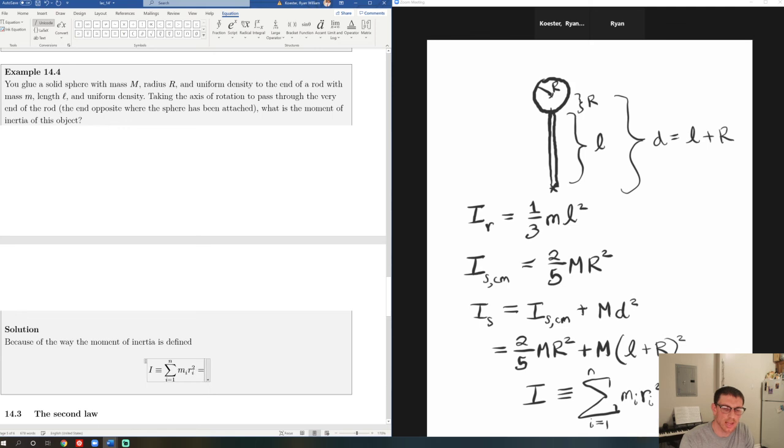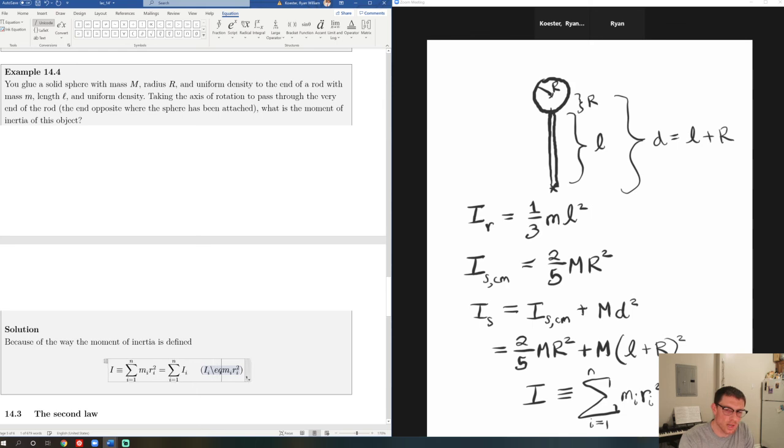Well, there's no reason we can't just call this term that we're summing, the mass times the distance squared, the ith moment of inertia. And what I'm saying here is that we could express this like this, right? Where I sub i is defined to be m sub i r sub i squared.